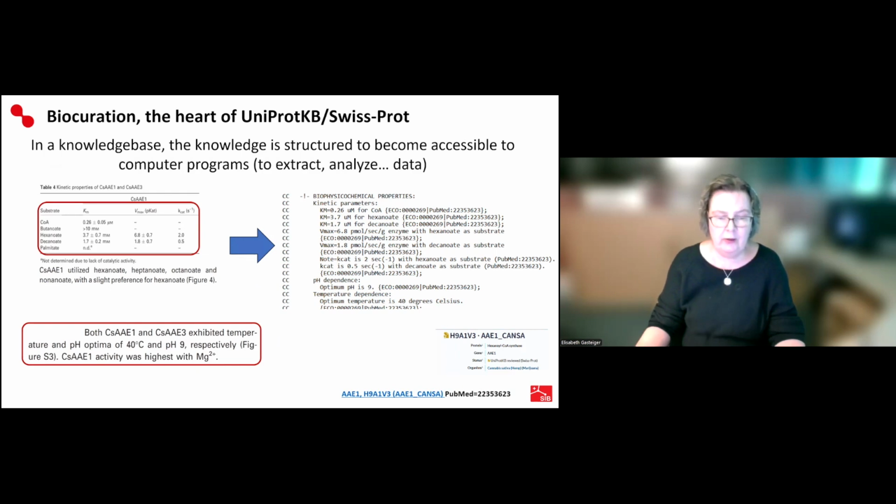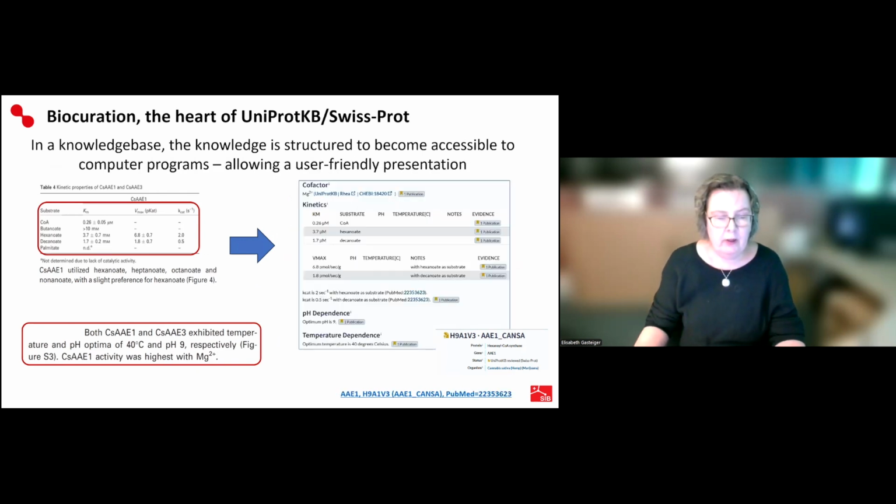And it could look like this, for example, in the internal version. This is rather technical, and this is where it's good to have the data accessible to computer programs again, because there can be programs that allow to build a user-friendly presentation of the same data.